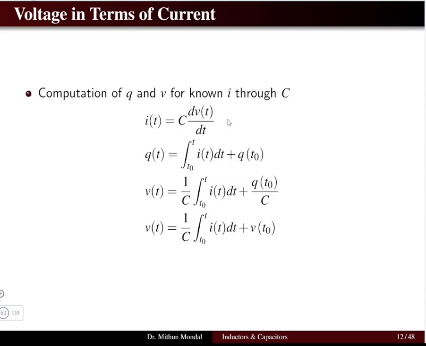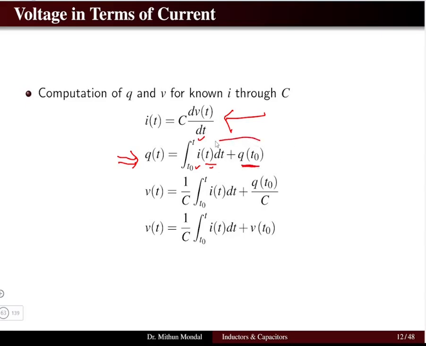You have seen that the current is C dV by dt, where the voltage varies with time. The fundamental equation of charge: Q of t is the integral from some initial time t0 to the final time t of I of t dt, plus some initial charge already present, Q of t0.